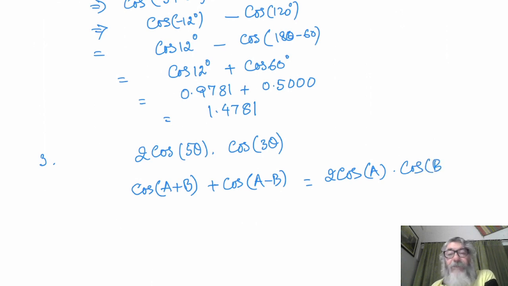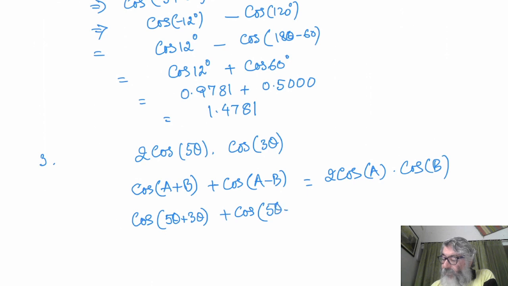I am writing it time and again so that you write it also time and again. You repeat it, you speak about it, then you start learning these things. The only way to remember is to repeat. Now A is 5 theta plus 3 theta, and plus cos 5 theta minus 3 theta.